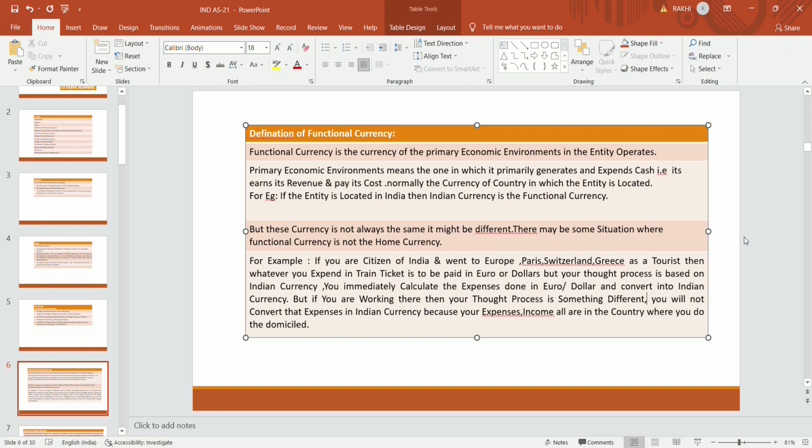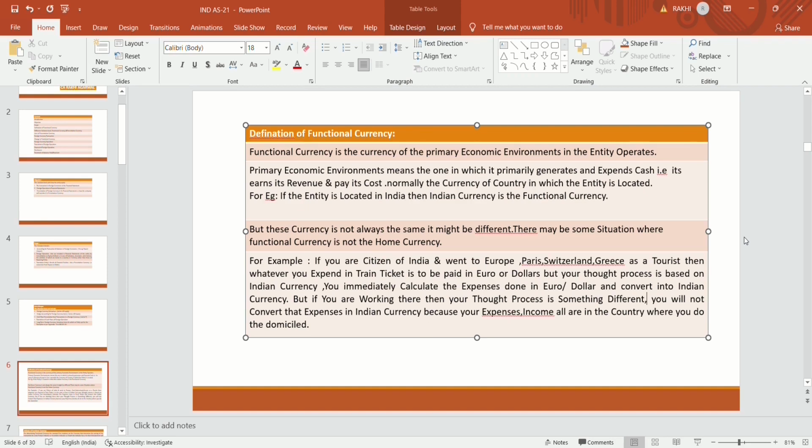But if you are an Indian citizen working there for the last 2, 3 or 4 years, then your thought process is quite different. You will not calculate from the Indian perspective, you will think from the European perspective. You will not start converting that expense into INR, because your expenses and income are all in the country where you are domiciled. Because you are domiciled in Europe, your thought process belongs to the euro, not INR.